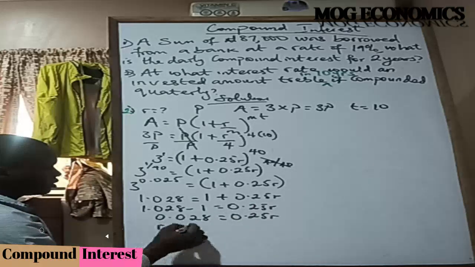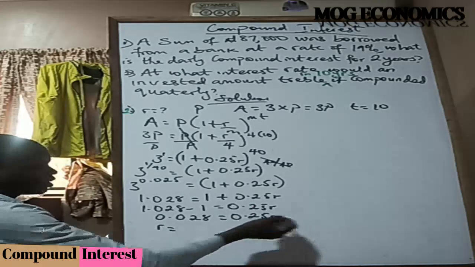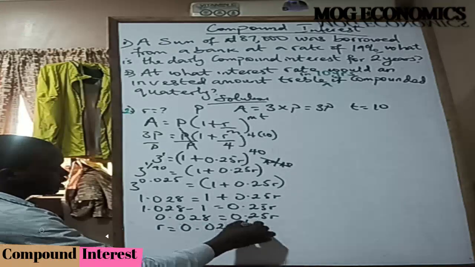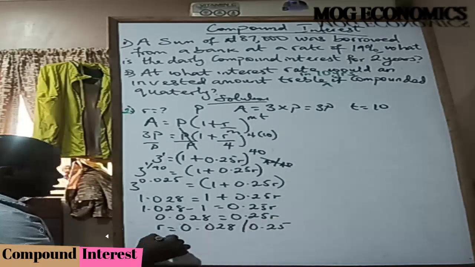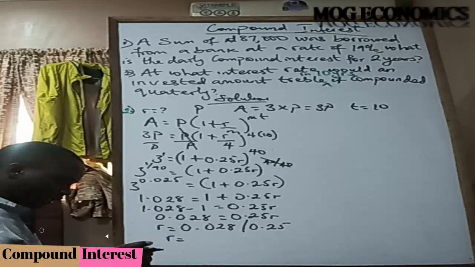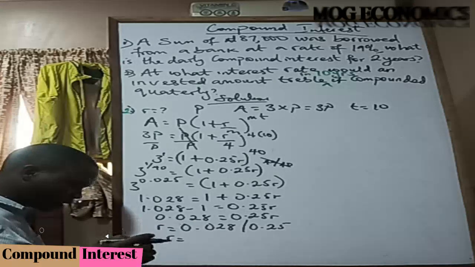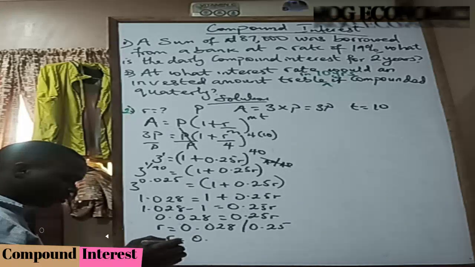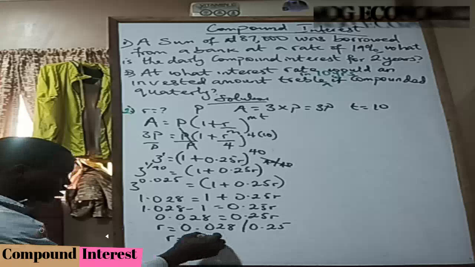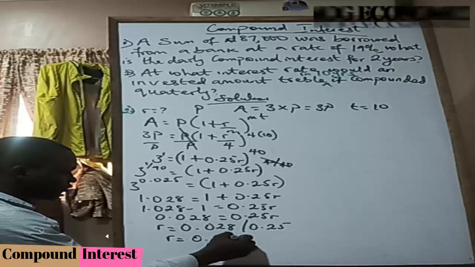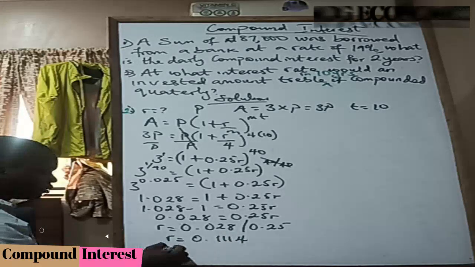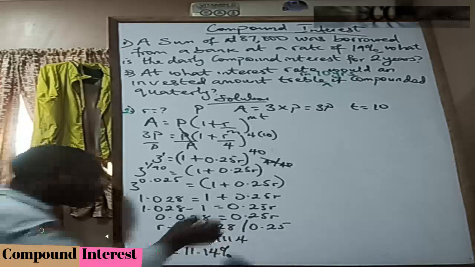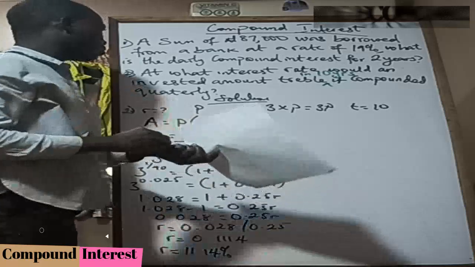And then r equals, divide both sides by the coefficient of r, which is 0.25. 0.028 divided by 0.25, and then r is going to give us 0.1114, thereabouts. So you multiply the answer by 100 and then we have 11.14%.